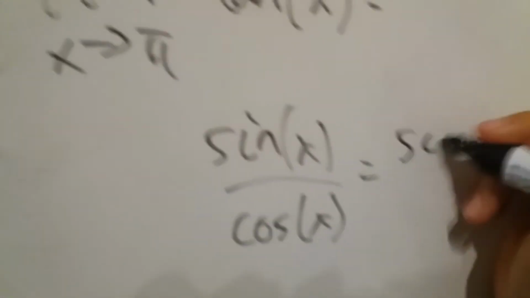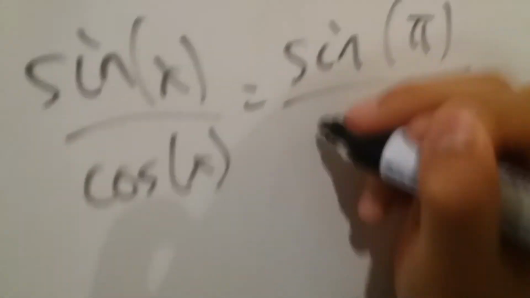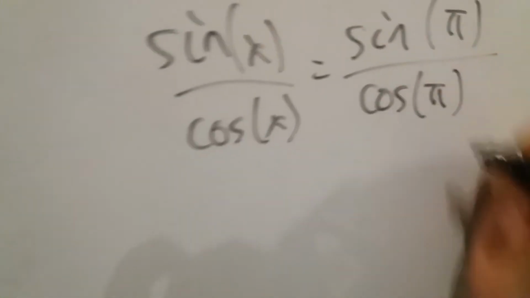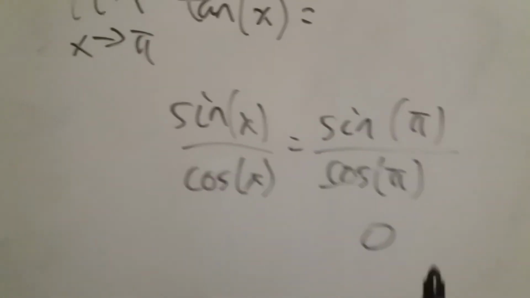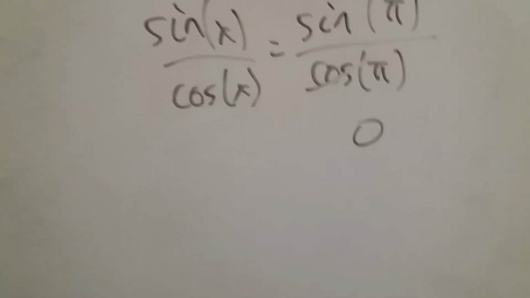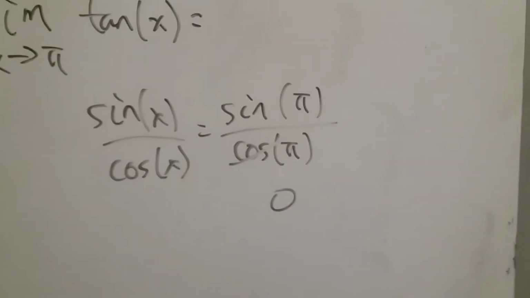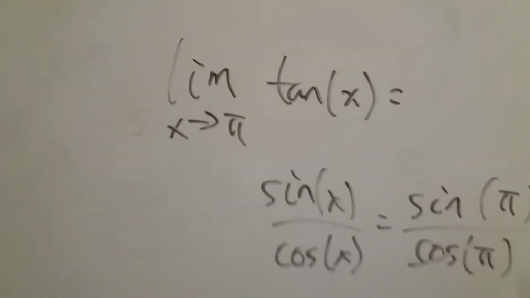And as x approaches pi that is sine of pi over the cosine of pi. And we hit a problem. Cosine of pi is equal to 0. How do we do this problem? The answer is this limit doesn't exist. We can't define this limit to be anything.